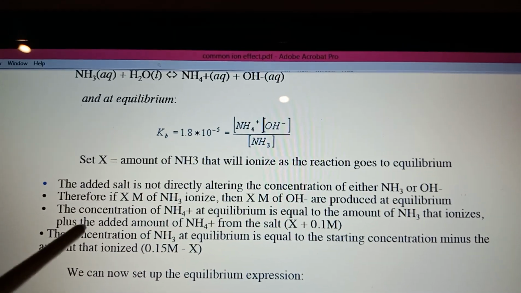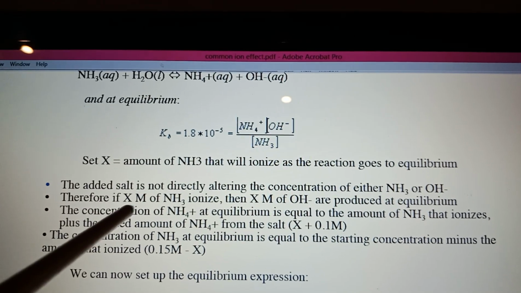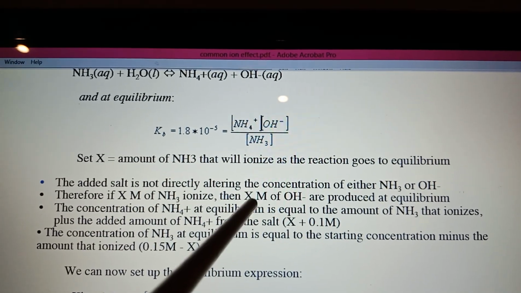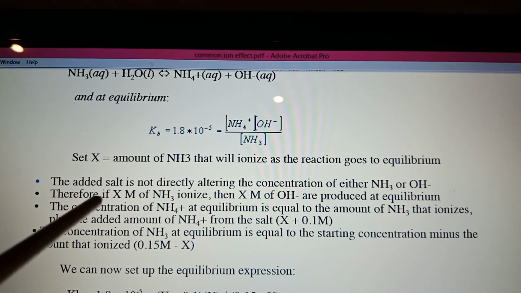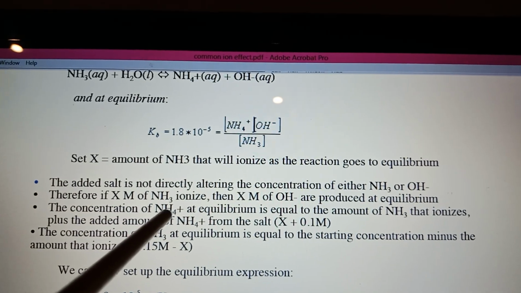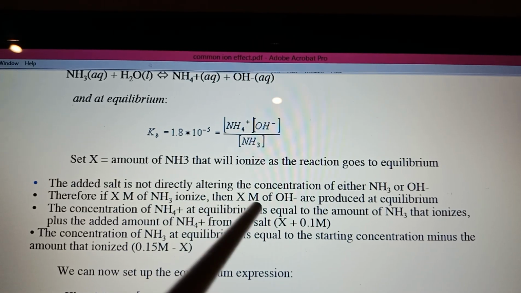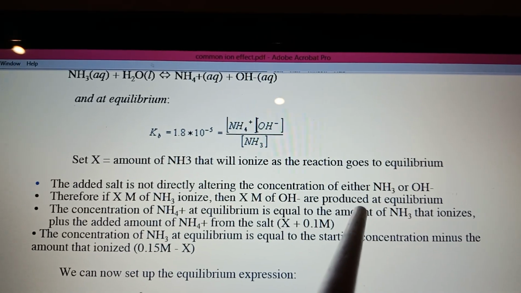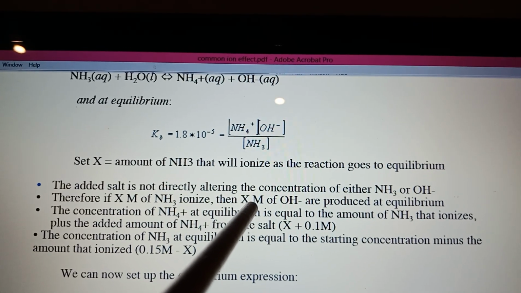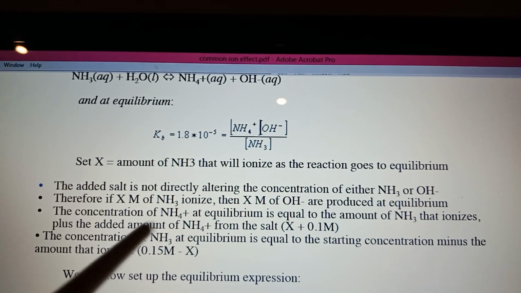In this case, we have to consider that the added salt is not directly altering the concentration of either ammonia or hydroxyl ions. Therefore, if X molar of ammonia is ionized, then X molar of hydroxyl ions are produced at equilibrium, as well as X moles of ammonium ions.